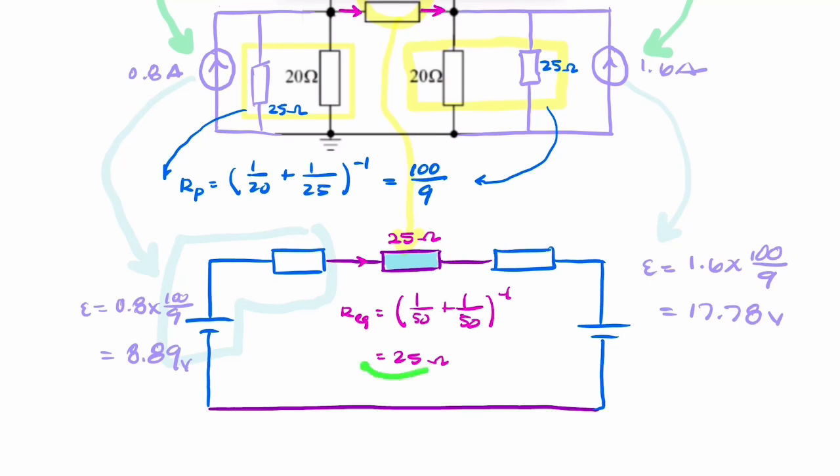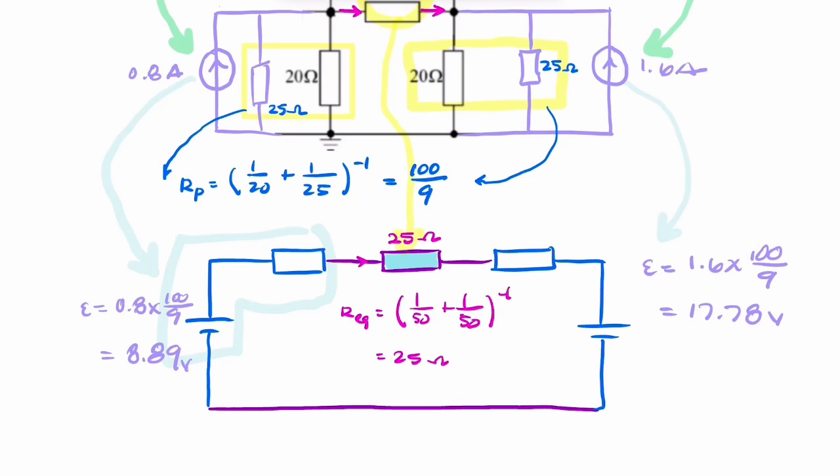You can do a simple Kirchhoff's voltage law going around the loop, or you can simply add the EMFs and add the resistances because it's a series circuit and find the current. Now remember, we're assuming there's a single current, so it's a series circuit, so the current at every point is the same.